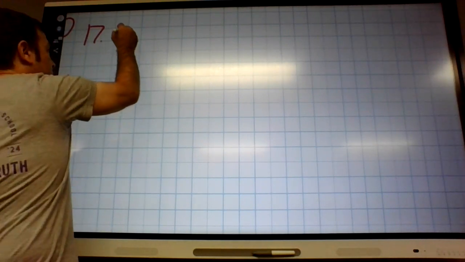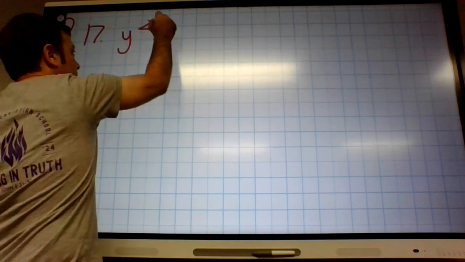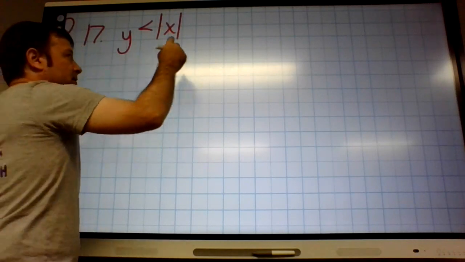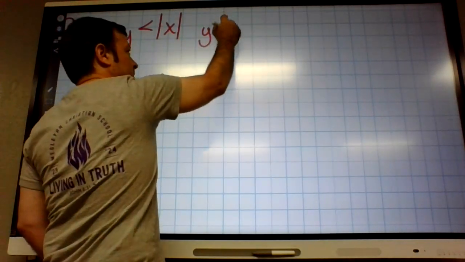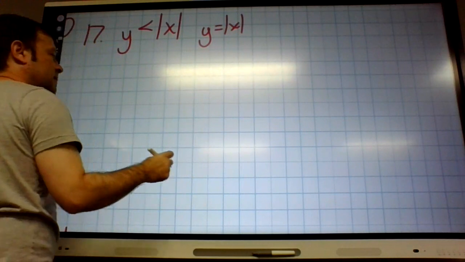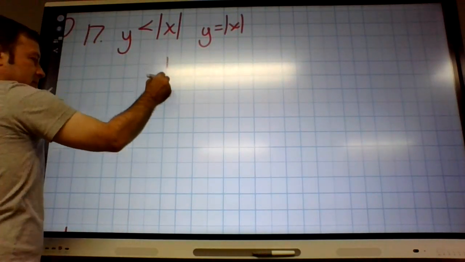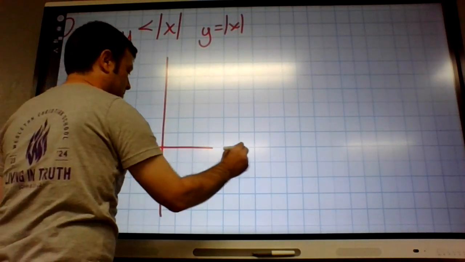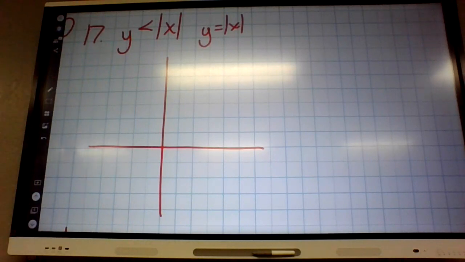Okay, 17. y is less than absolute value of x. Do you guys recall from the past couple days, what did the graph of y equals absolute value of x look like? We did them yesterday.